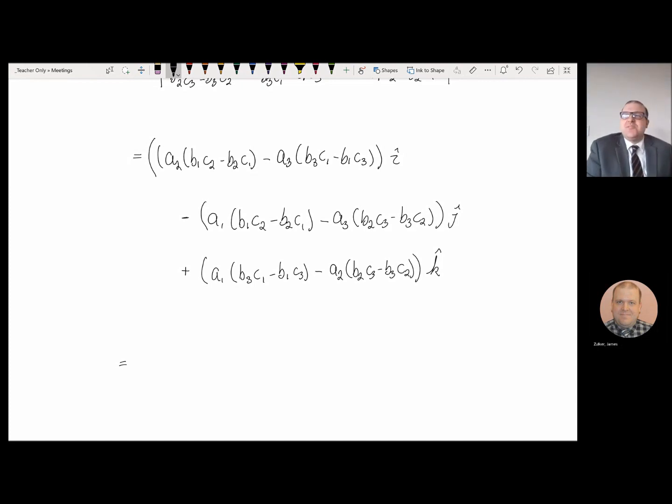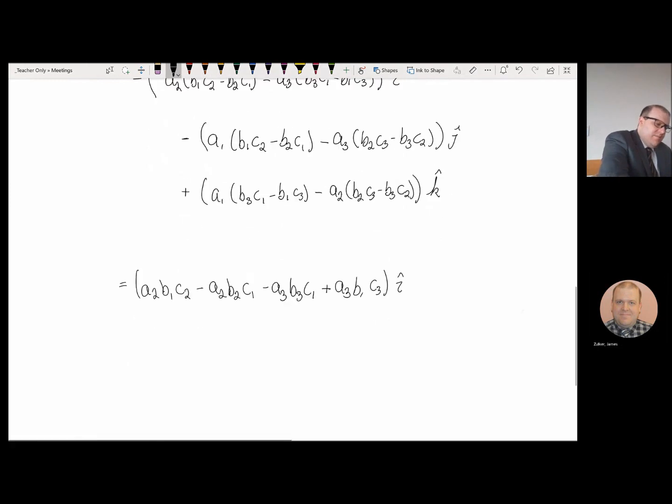And so distribute. Fun algebra. And so that'll be the resulting I component when you distribute, right?